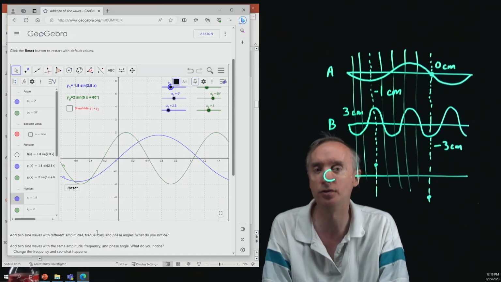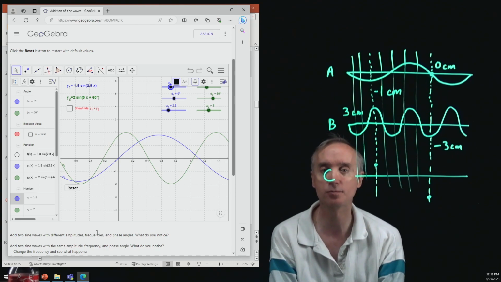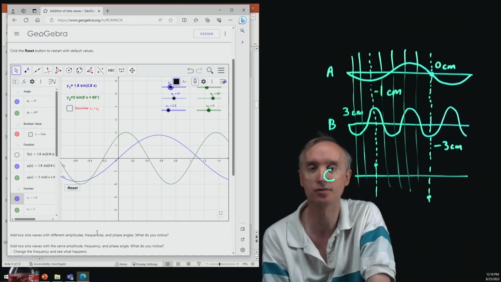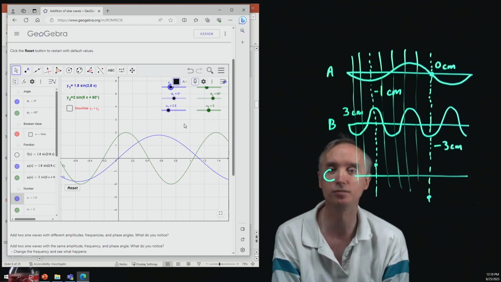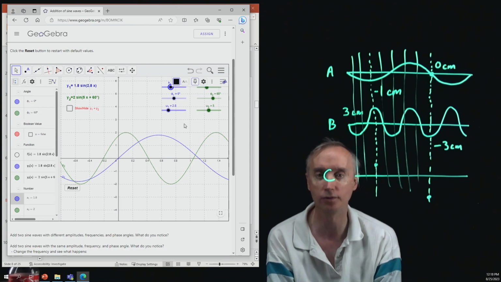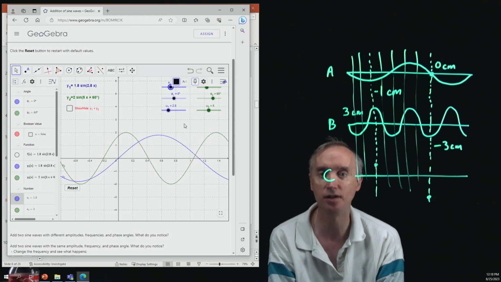And so what I want you to do is to just play around with these sliders over here. You've got blue sliders, and then you've got green sliders. I want you just to move the sliders back and forth, and I want you to see what it does. Okay, did you do that?